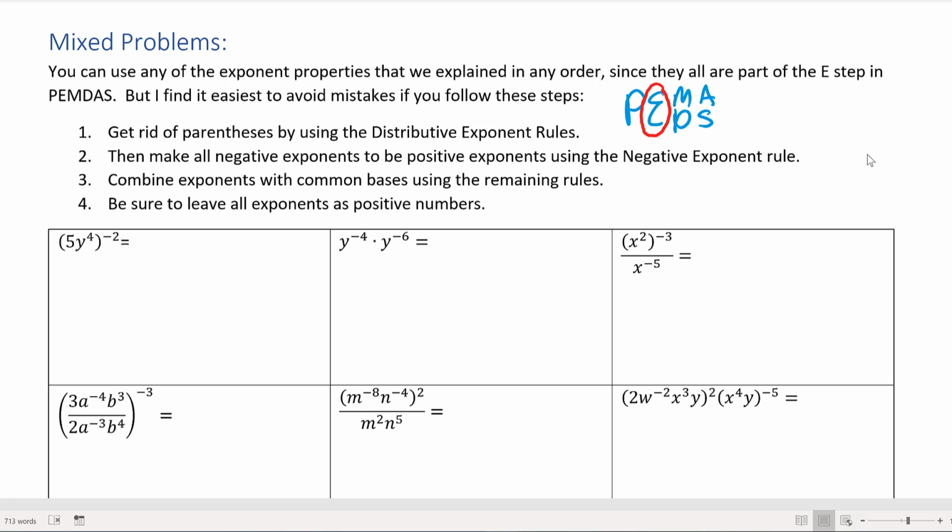Step 2, make all your negative exponents positive using the negative exponent rule. I find that students make fewer mistakes when they're working with only positive exponents than when they're using both negative and positive. So if you make everything positive after you get rid of the parentheses, then you can combine exponents with common bases using all the remaining rules, and then make sure that all your answers have only positive exponents.